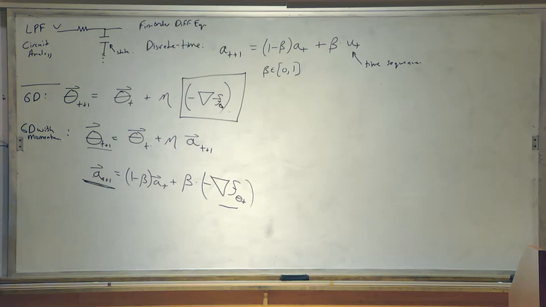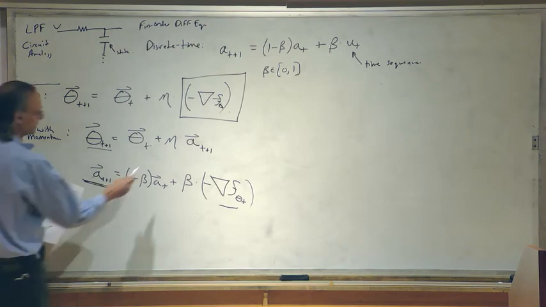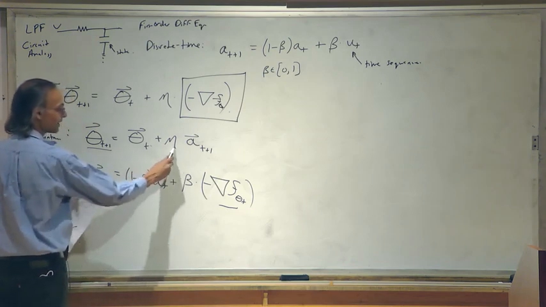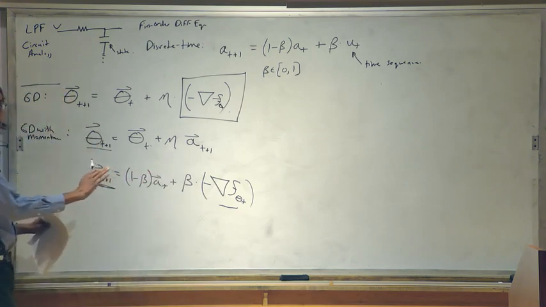Now, a warning. I have drawn it for you and described it in the context of a parametrization that is the most natural to understand what is going on, because you have 1 minus beta, beta and eta separated out in some nice way.